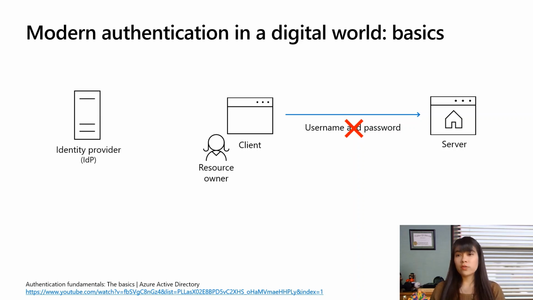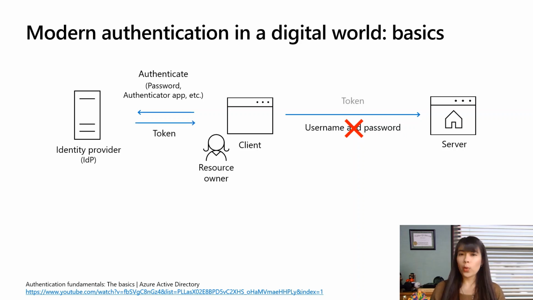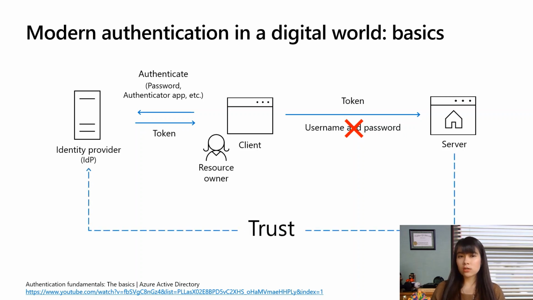What the server does is tell a client, go to the identity provider, or IDP for short, authenticate yourself, get a token, and then show me that token. And because a server has a trust relationship with an identity provider, it's going to verify that token, whether it's true or not. And in case you're wondering, a token is not a crypto token like Bitcoin.